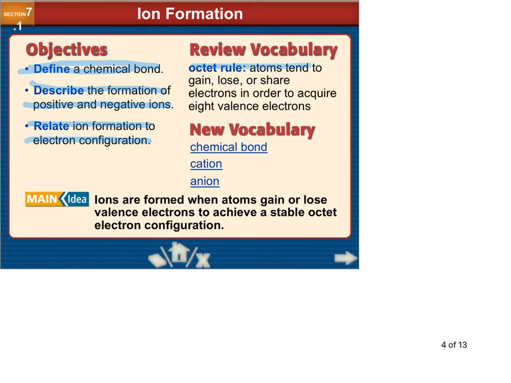Old vocab: octet rule, atoms gain or lose or share electrons in order to get to that stable octet of 8 valence electrons. New vocab will be coming along too: chemical bond, cation, and anion. Key idea for the section: ions are formed when atoms gain or lose valence electrons to get to that stable octet electron configuration.